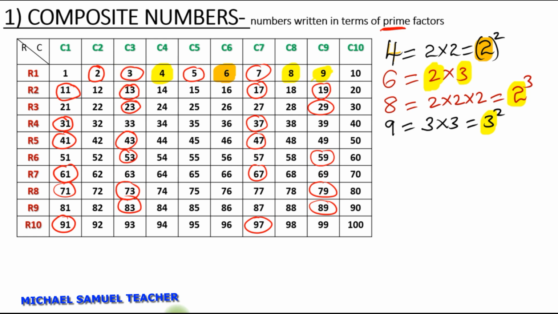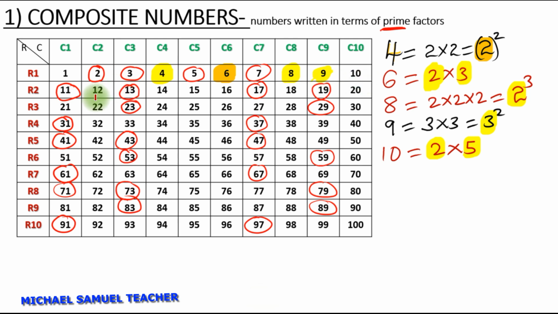We can have 10. I'll just pick a few. 10 can be written as 2 times 5. 2 is a prime number, 5 is also a prime number. The same case applies to the rest.